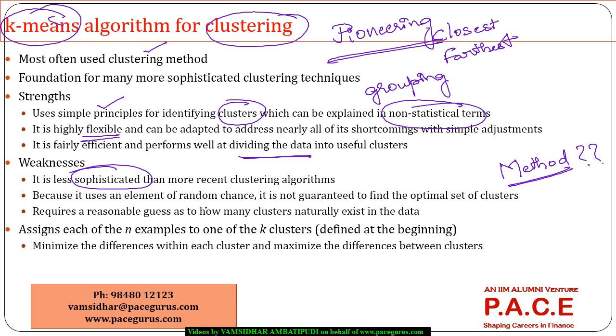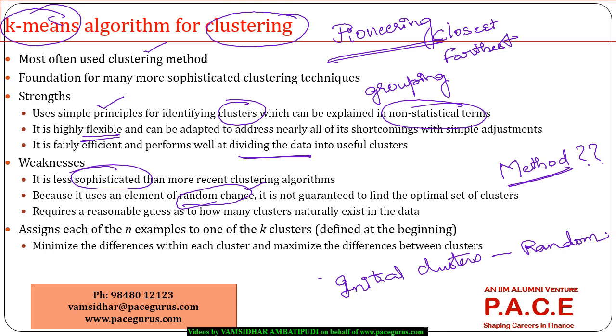For my grouping purpose. The algorithm also uses some kind of random chance, which means, when we look at the process in the next slide, you'll come to know it uses a mechanism where it identifies the initial clusters, and this identification process is done on a random basis.